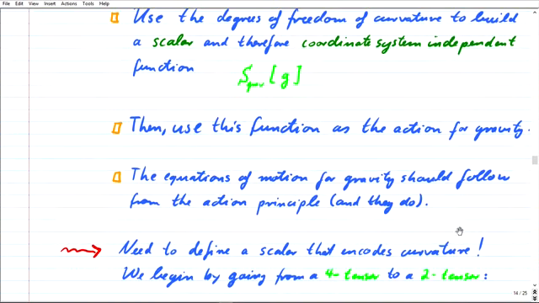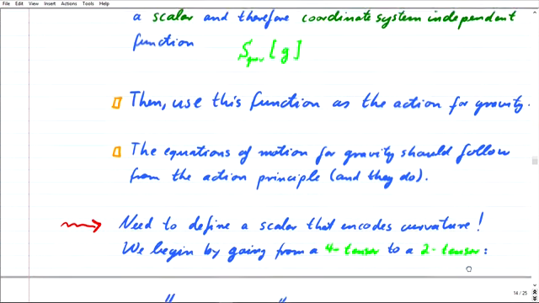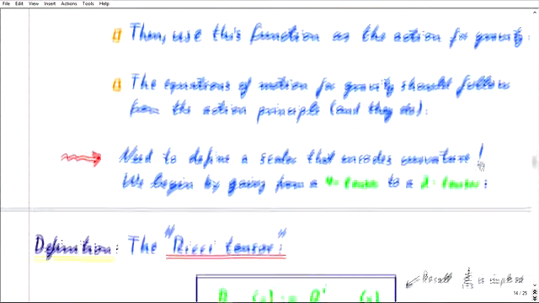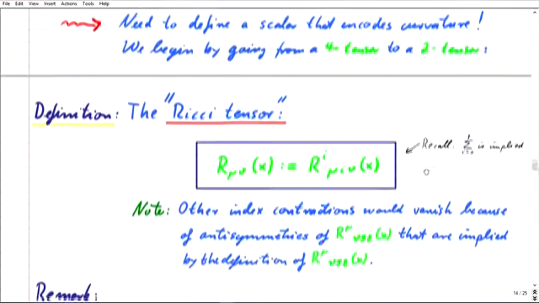Simply by the usual action principle. We want some scalar function of the metric, and then the variation, the functional derivative with respect to the metric of it should vanish. So we need to find a scalar that depends on G, but that we can use for the action.